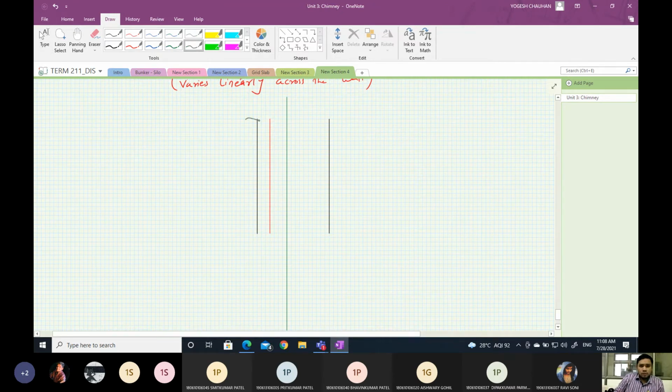So this is the wall section. This is the neutral axis. This red one is the steel.